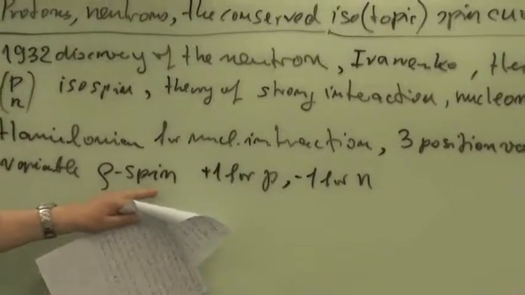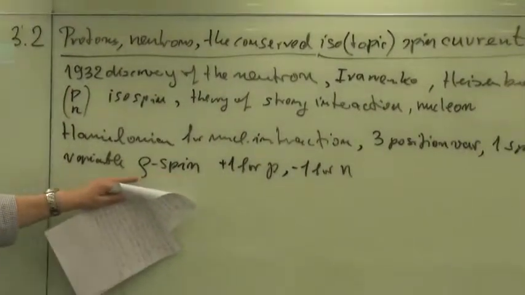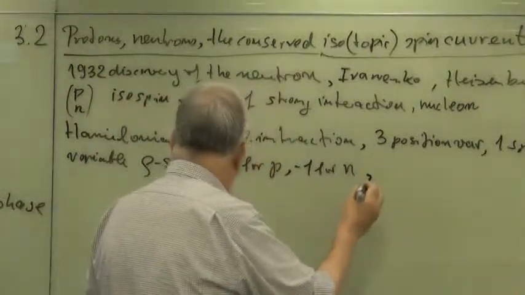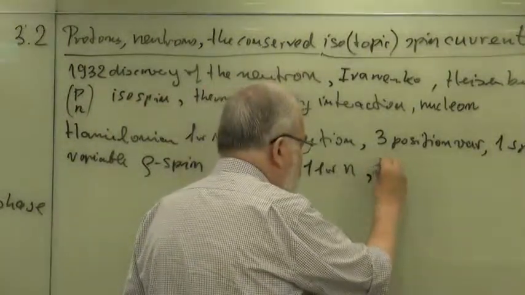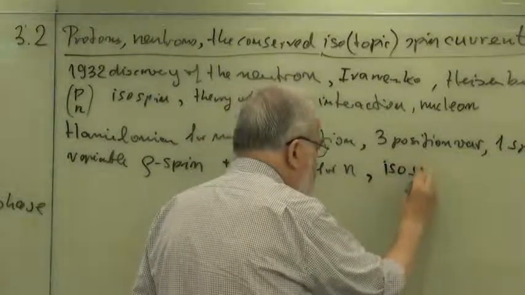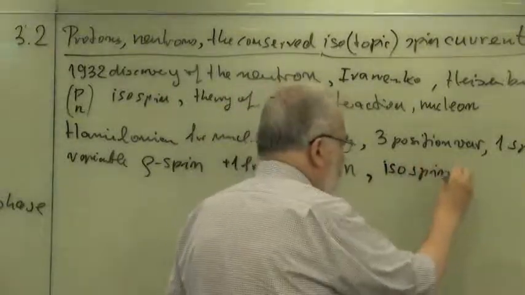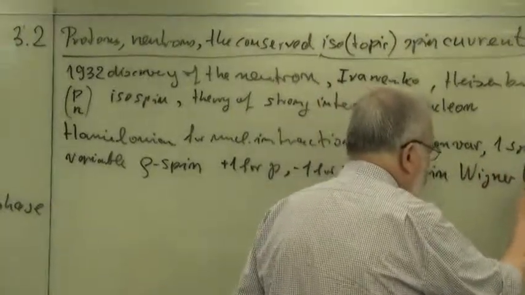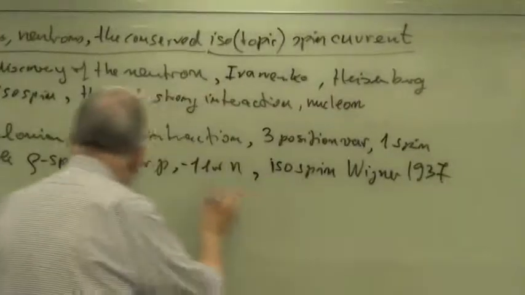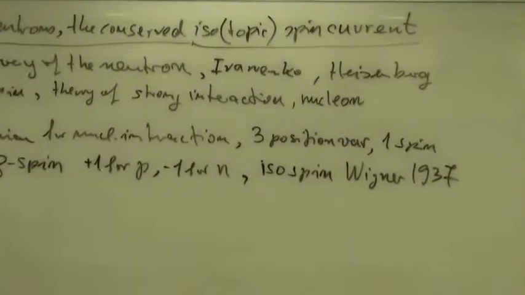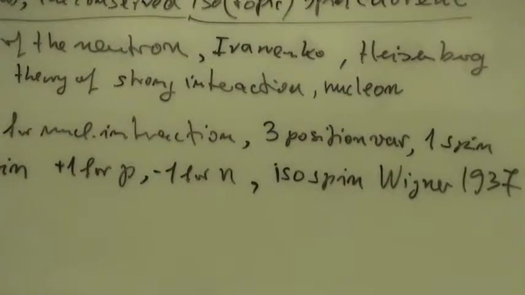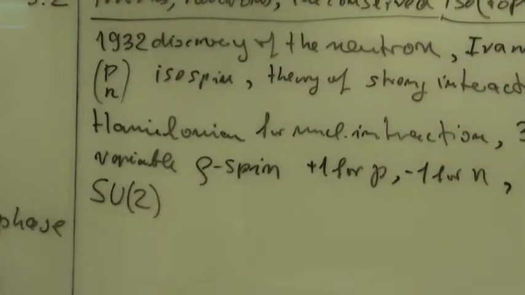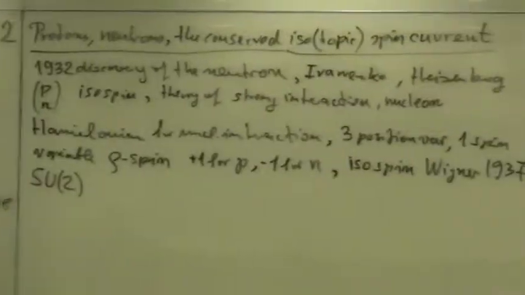Later, this rho spin was absorbed by the new name isospin, which is due to Wigner, 1937, and he linked it then to the group SU2 already. So this is how the SU2 was introduced.